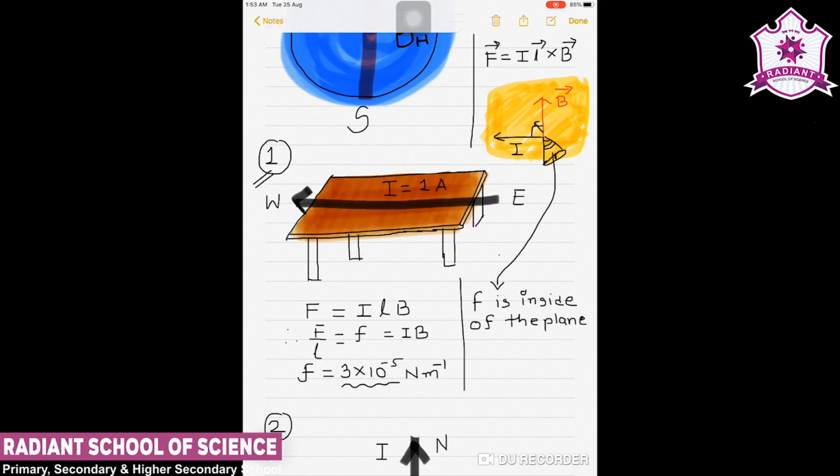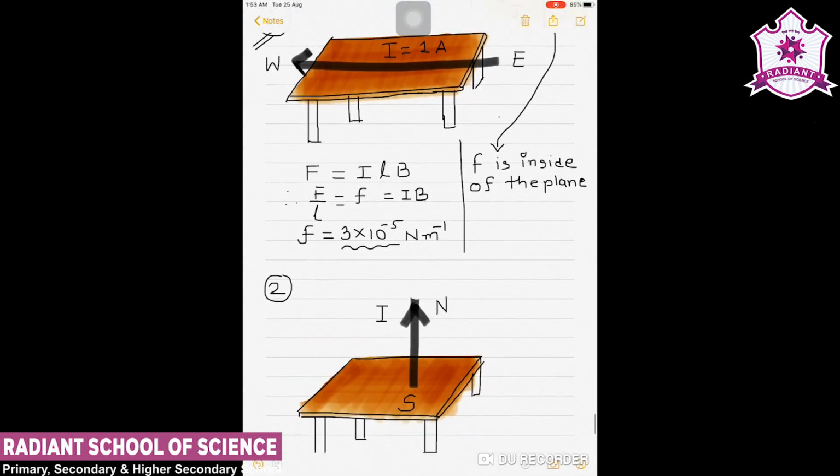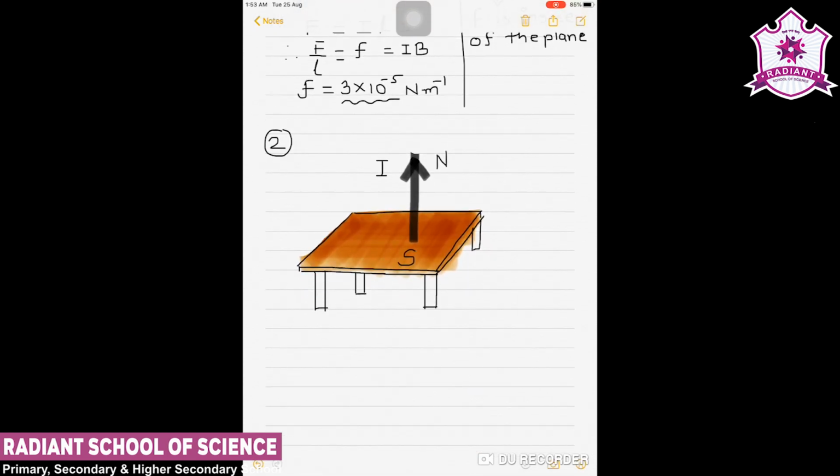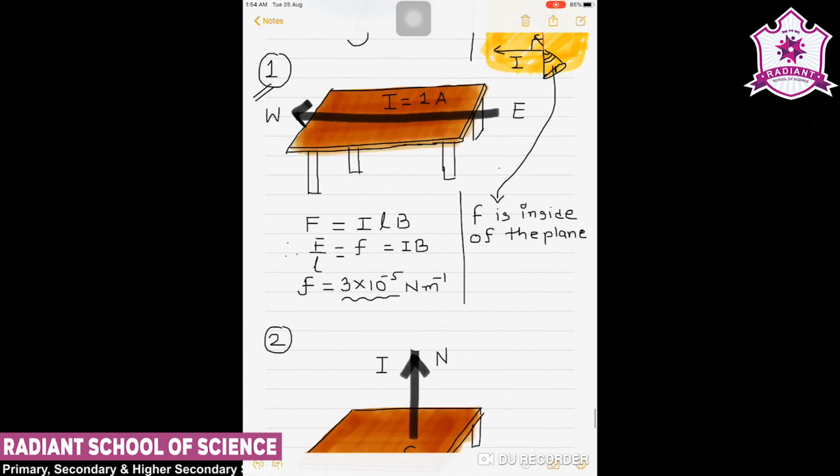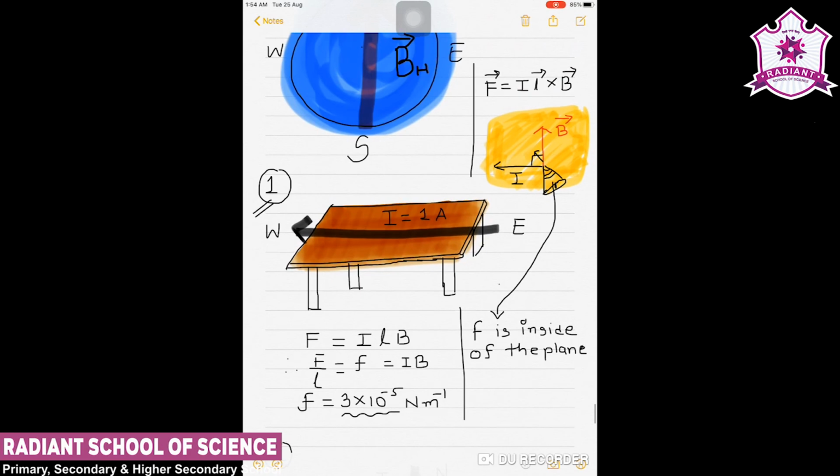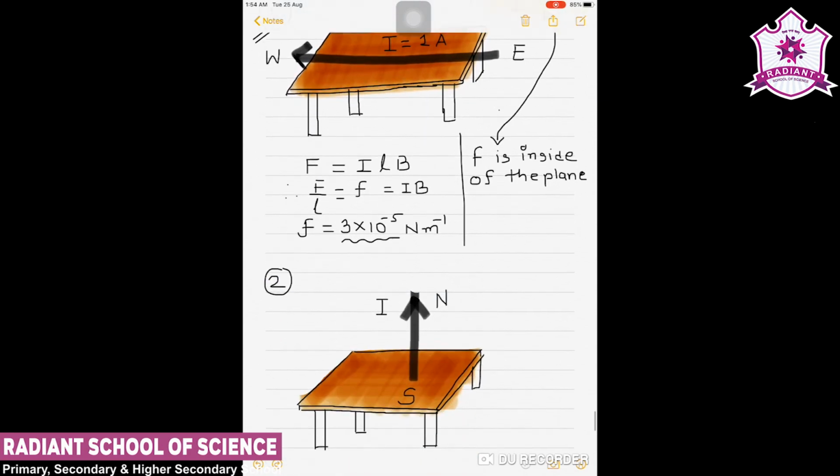Now the second question is also asked in the information. They have asked what will happen if the direction of current is from south to north. Then also we have the answer: here the magnetic field is already in the upward direction, and the current is also moving in the upward direction.